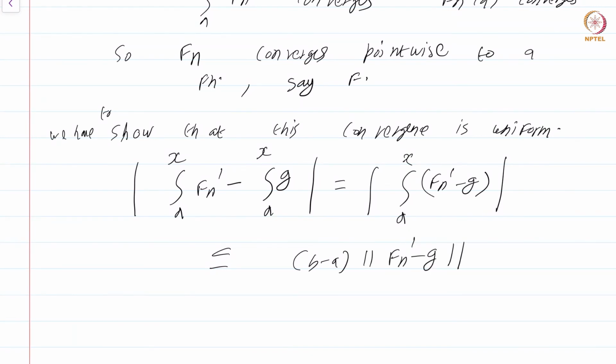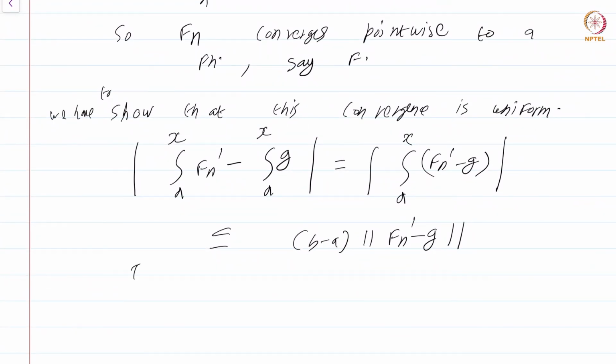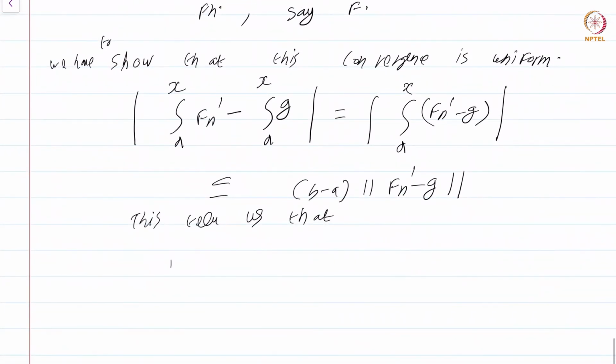Okay. So what does this tell us? Well, this tells us that the norm of f_n minus f, which is nothing but the supremum of mod f_n(x) minus f(x) as x ranges through the closed interval [a,b].